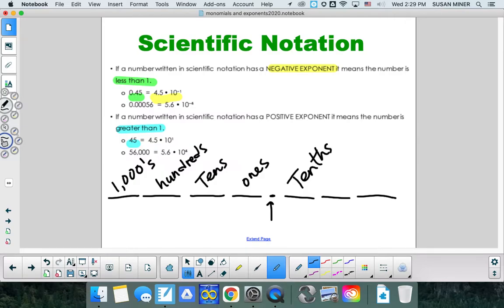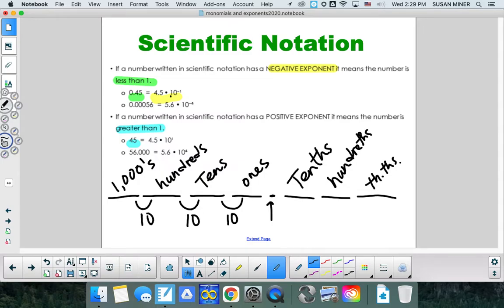And this would be the hundredths. And this would be the thousandths. Okay. So what you'll notice about this place value is when I increase in place value, I'm increasing by a power of 10, right?